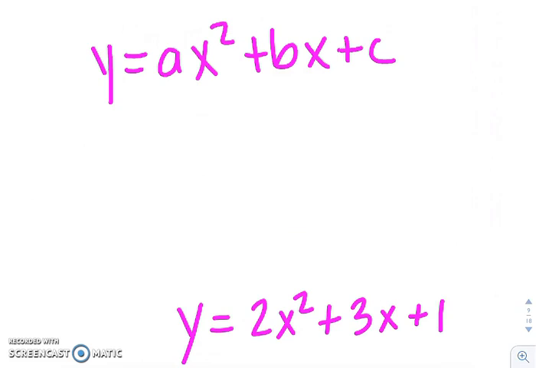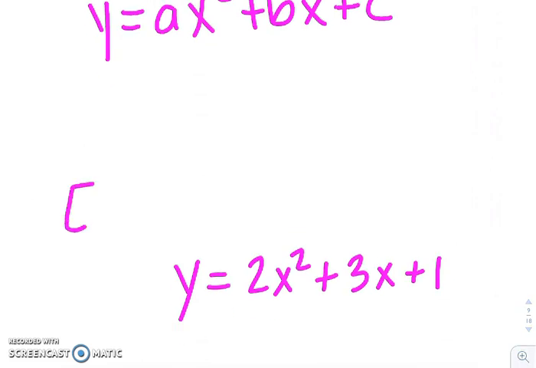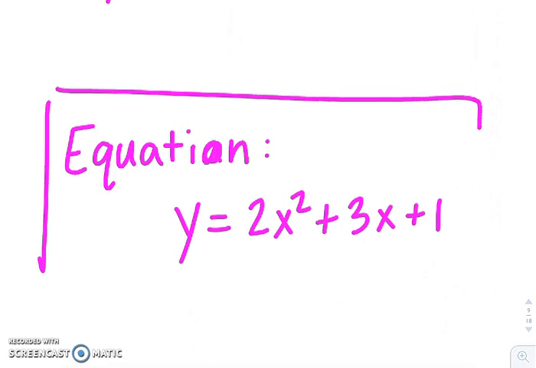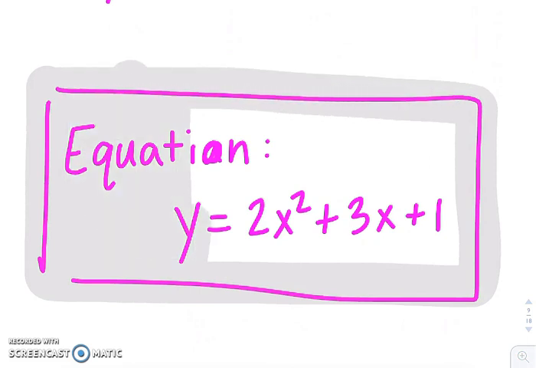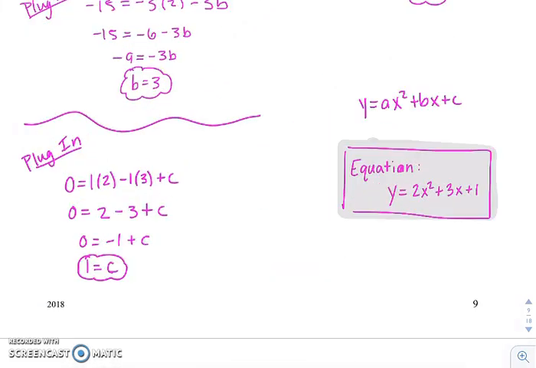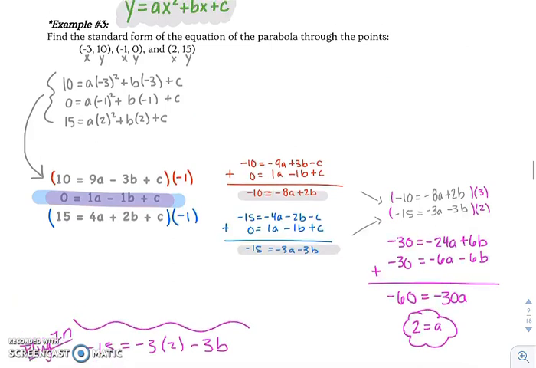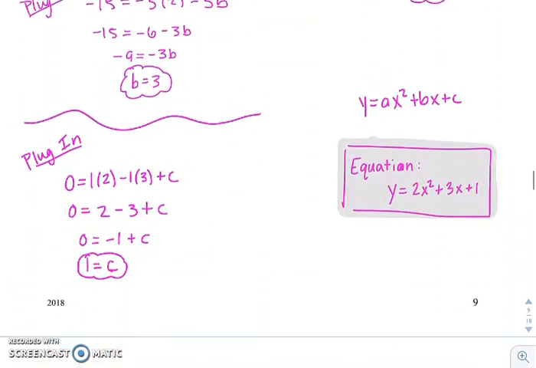So once you get it, you literally just put it in the place where the a, b, and c go. And if you graphed it, it should go through those 3 points that you were given at the very beginning.